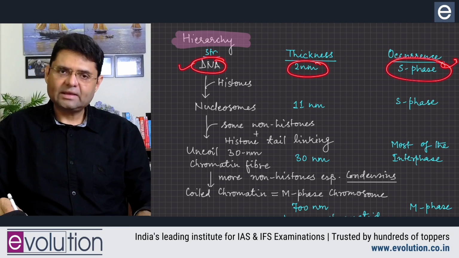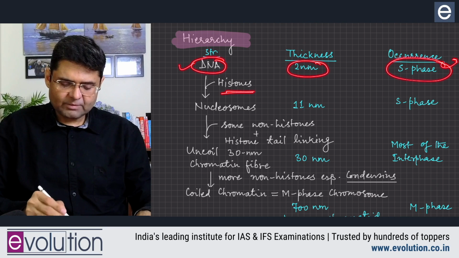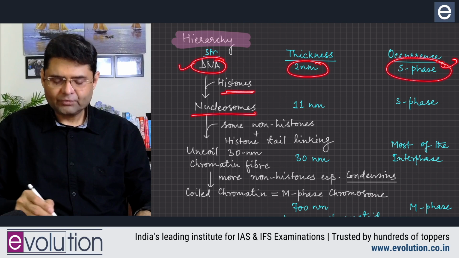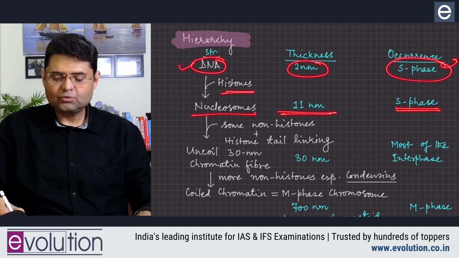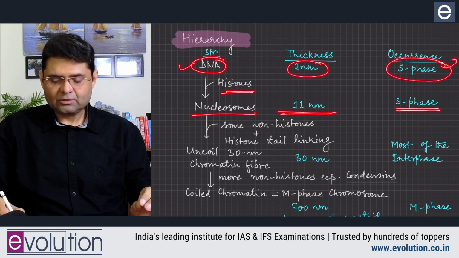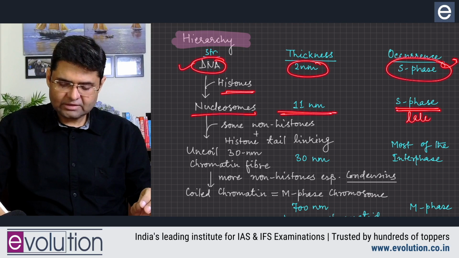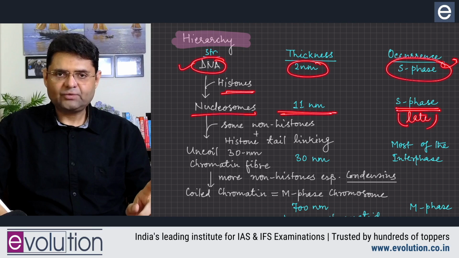The moment DNA is replicated, histone proteins will bind and form the nucleosome, the thickness of which is 11 nanometer. This is something you see in the late part of S phase. So it is not the whole S phase, it is the late part of S phase.